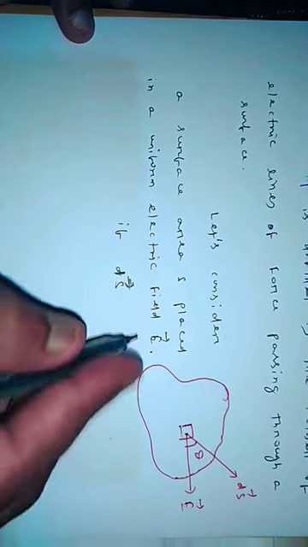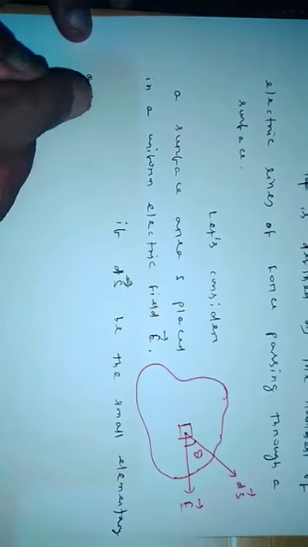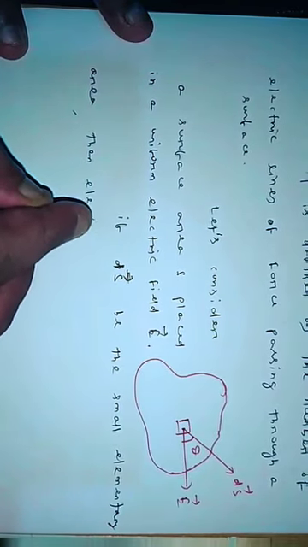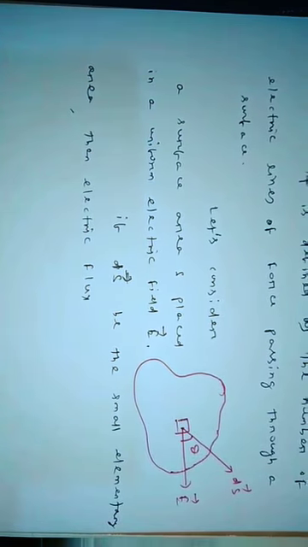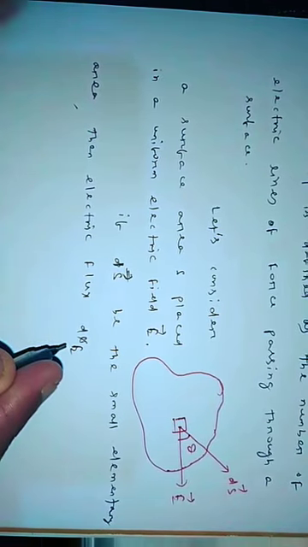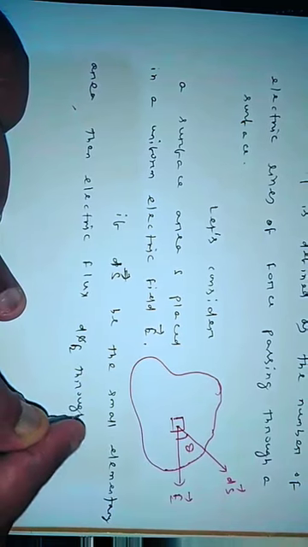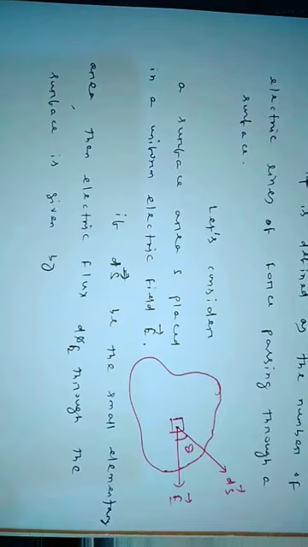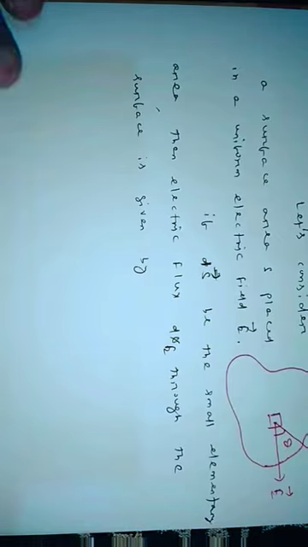If ds is a small element area, then the electric flux d phi E through the surface is given by d phi equal to this.